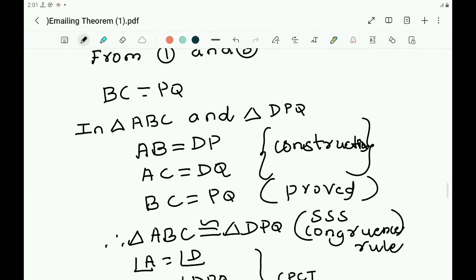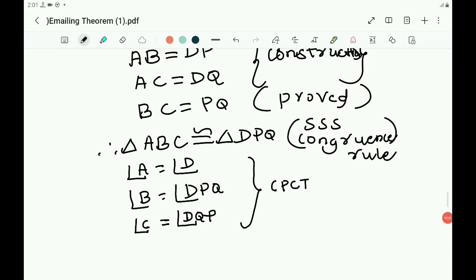CPCT. Let us consider this is the fourth one.